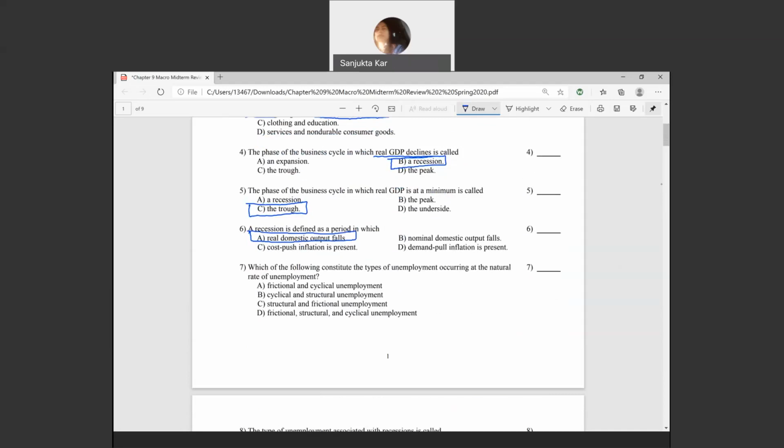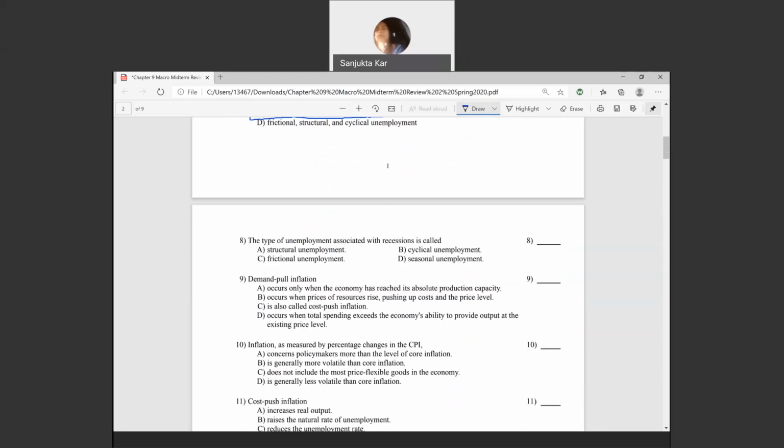This one is structural and frictional. So, when we talk about the natural rate of unemployment, this means we do not have any business cycles and the cyclical part is equal to zero. So, natural unemployment is only structural and frictional unemployment.